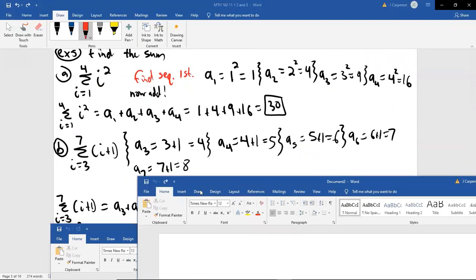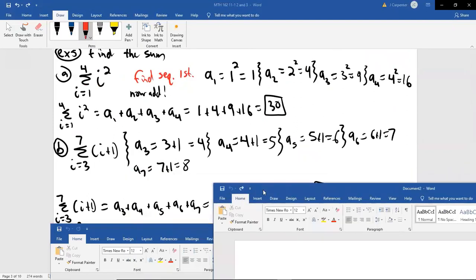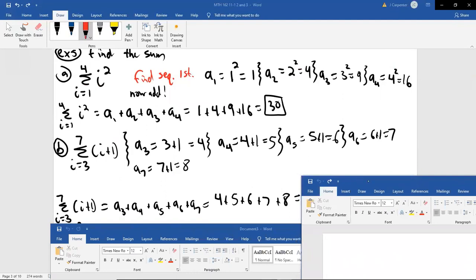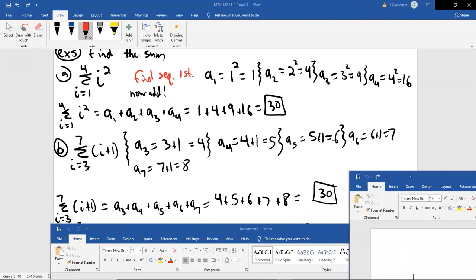Again, I'm going to write this out even though you might not have to. It just means add up the 3rd, 4th, 5th, 6th, and 7th terms, where each of these a sub 3, a sub 5, a sub 7, etc. is representing the i plus 1s that we already evaluated. The 4 plus the 5 plus the 6 plus the 7 plus the 8. 4 and 5 is 9, 9 and 6 is 15, 22, and then coincidentally 30.